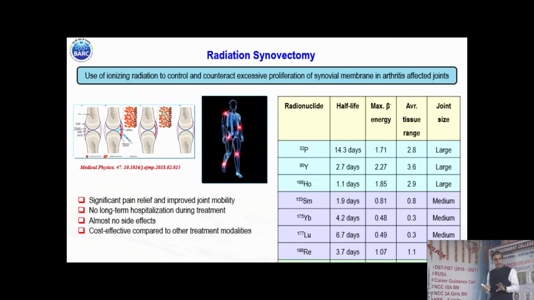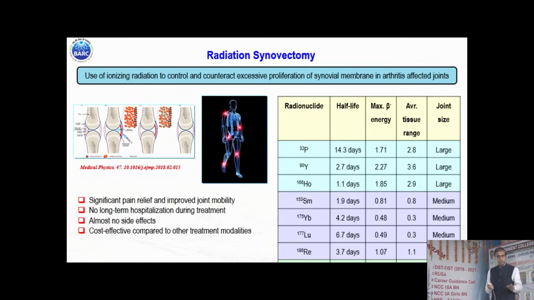These are regularly supplied, and we have the approval from the regulatory authorities, and per dose is given at roughly 8,000 rupees. If we want to import, it is definitely more than 50,000 rupees. So, we supply it at around 8,000 rupees, monthly once, from the Board of Radiation and Isotope Technology.